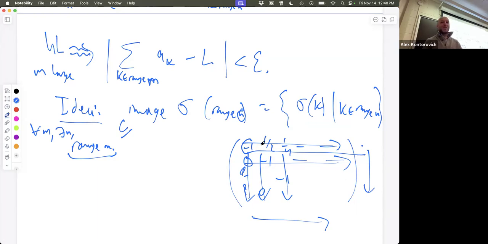Because you can't say sum infinitely many terms over here, and when you're done, come back and sum these terms. Because you're not done. You're not ever done. It's not going to be surjective. You can go in any order you like, but you have to have an order that eventually hits every number. And that's exactly what this says.